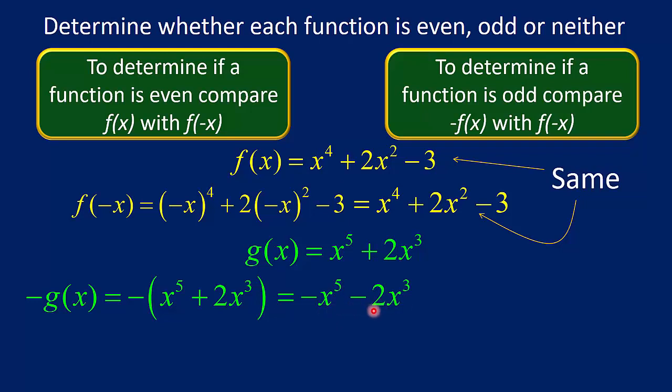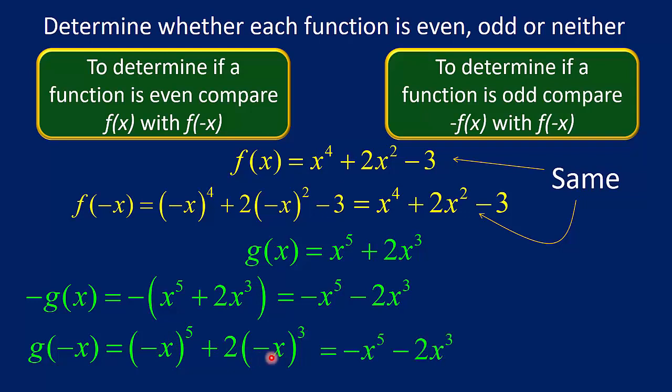Now, let's find g of negative x. Well, I replace all the x's with a negative x, as I've done here. Now, negative x to the 5th power, that's still going to be negative. Negative x to the 3rd power, that's still negative, and this is what we get. Look at these. They're the same. So g is an odd function.